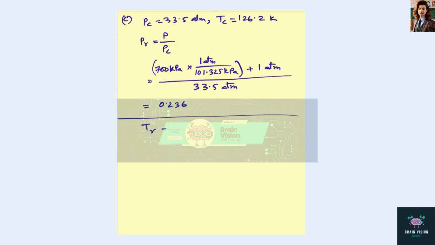0.236. Similarly, for reduced temperature, the given temperature divided by the critical temperature. Given temperature is 298 Kelvin and the critical temperature 126.2 Kelvin. Therefore, the reduced temperature is 2.363.